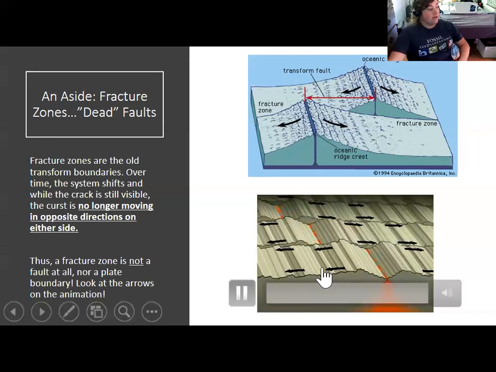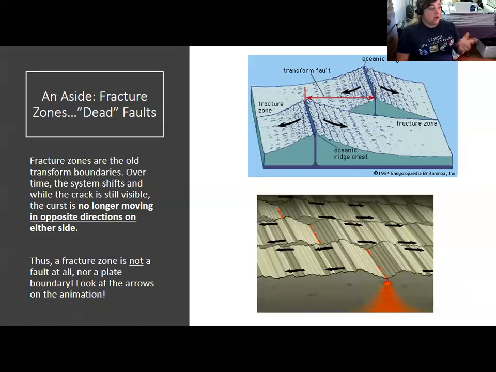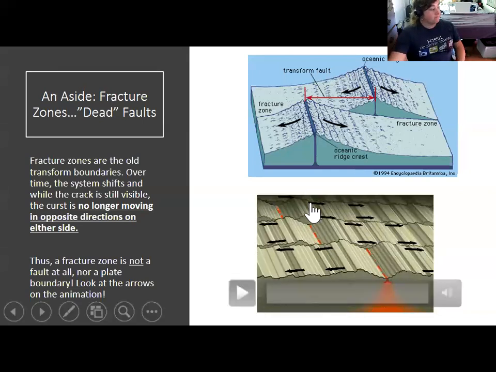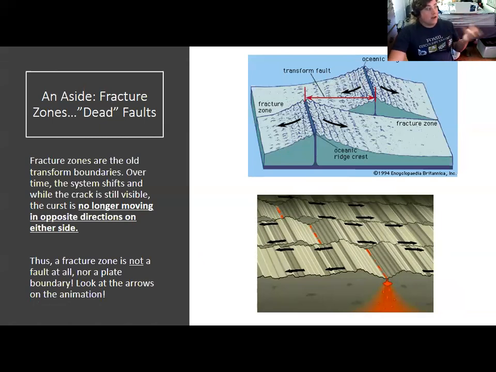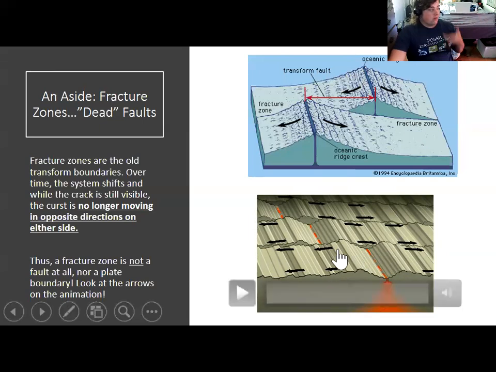They will get wider or less wide over time, and hypothetically, this fracture zone could be reactivated. Part of it could be reactivated as part of a transform fault, but it's not being used presently. That's not really something that comes up in this lab, but in terms of studying plate tectonics in general, it's something I just wanted to mention.